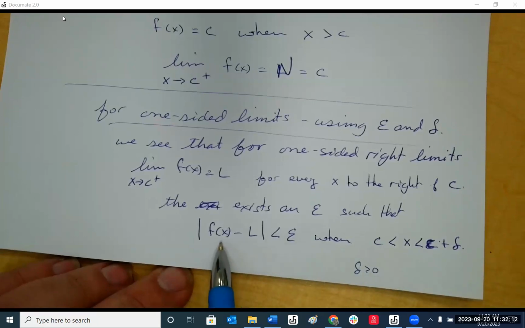Think of what this means. f of x minus the limit is less than some epsilon whenever x is greater than c but less than c plus delta.